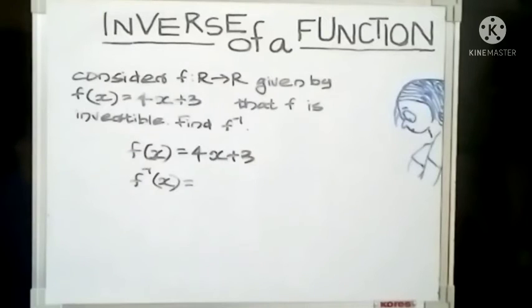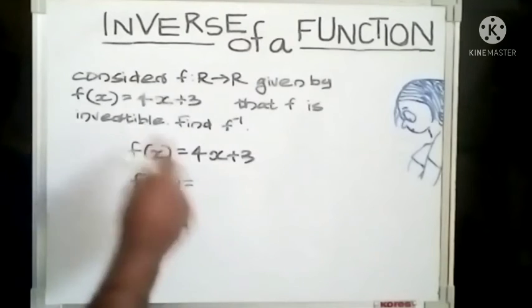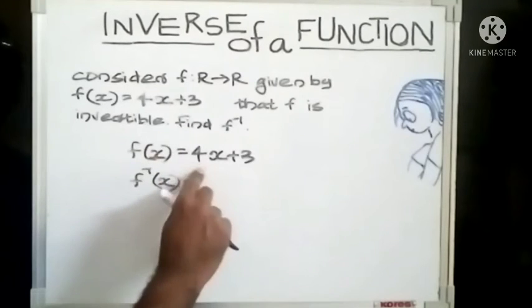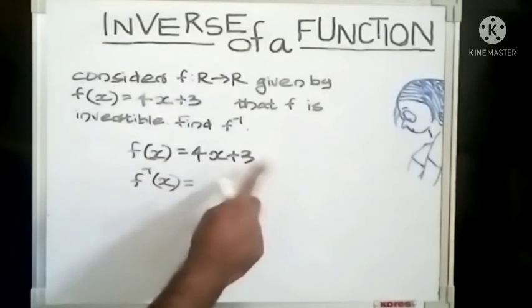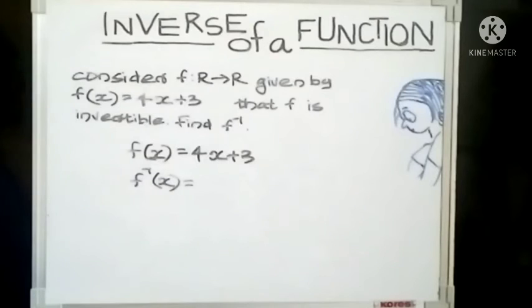See, we are trying to guess the answer. The function of x is that x became 4x plus 3. Then what is the reverse activity? First 3 is added, then 3 is subtracted: 4x plus 3 minus 3 becomes 4x.